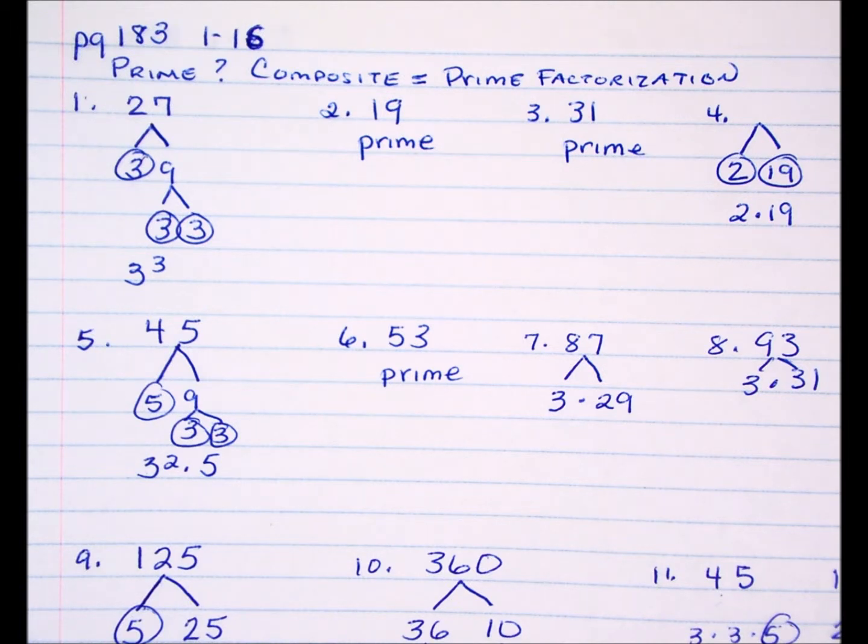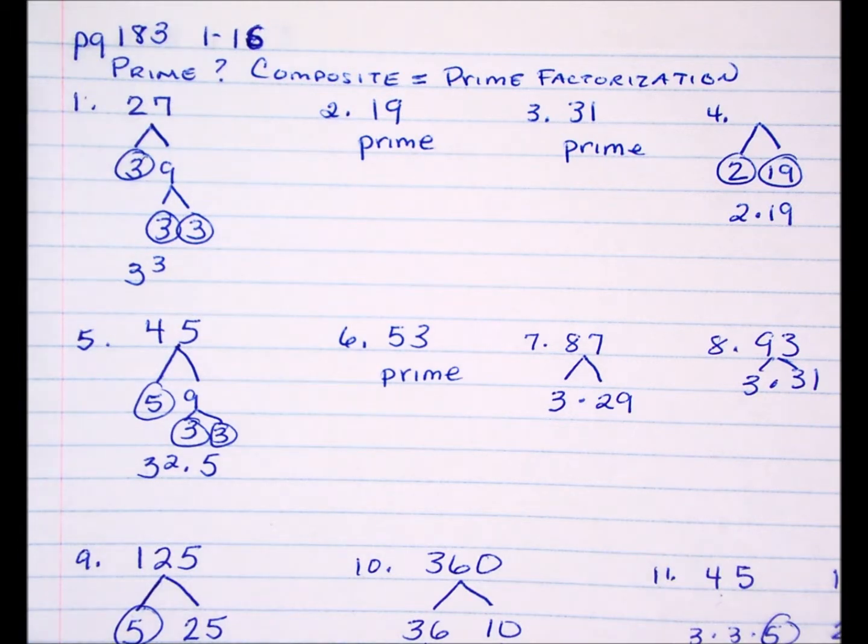If you have a number that's a common factor that you know, like 27, you probably know 3 times 9 is 27. But when you get to some of those bigger numbers or numbers that you don't know, like 87, 93, then 53, you can use some of the rules of divisibility to help you solve the problems.